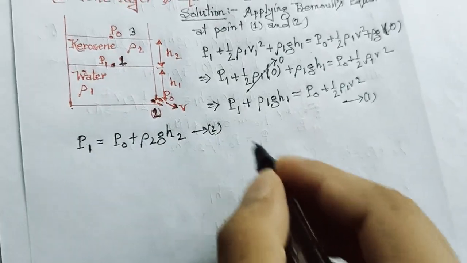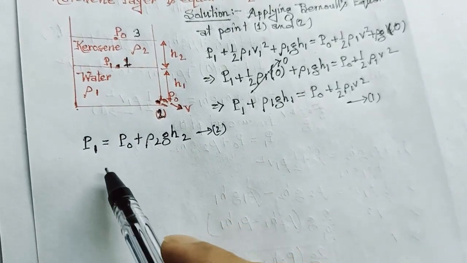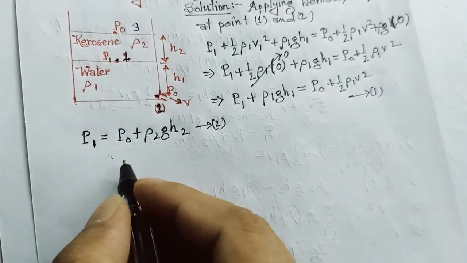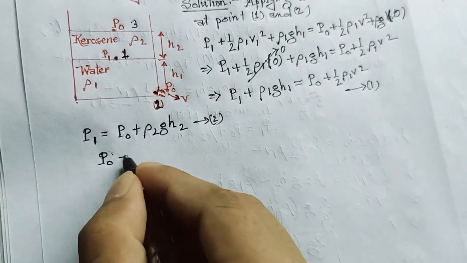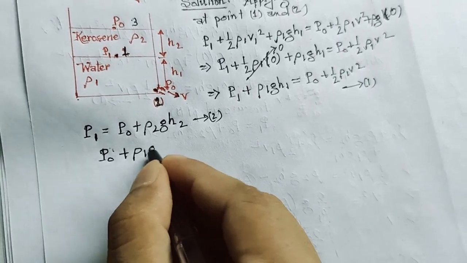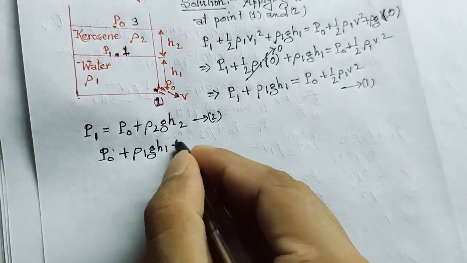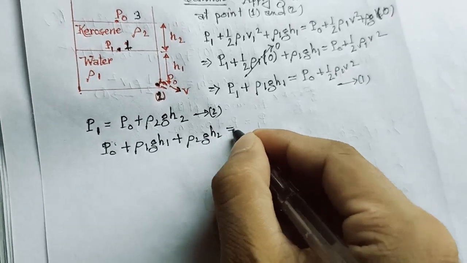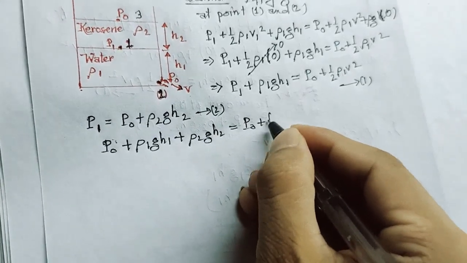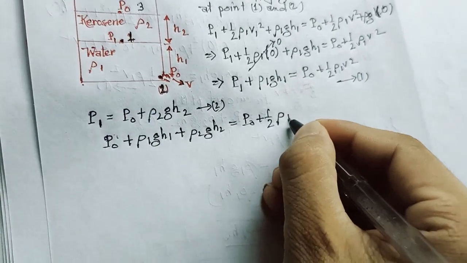Now we'll substitute the value of P1 from equation 2 into equation 1. Then our equation becomes P naught plus rho 1 g h1 plus rho 2 g h2 equal to P naught plus half rho 1 v square.